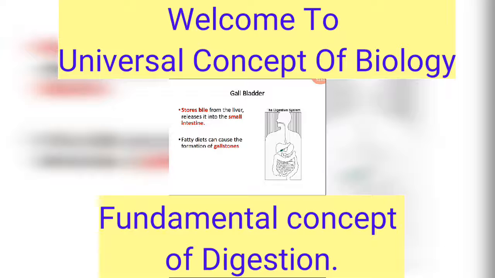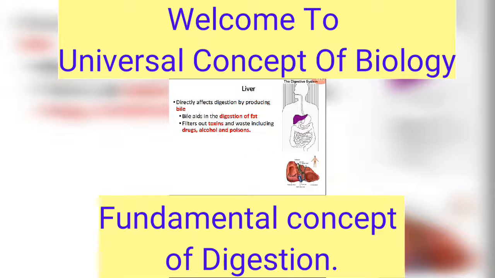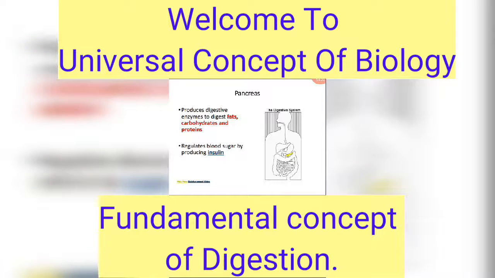You can see the gallbladder, the storage of bile. Here the storage of bile juice occurs, and it releases the bile juice to the small intestine. Basically, the bile juice takes the most important role in the digestion of fat.